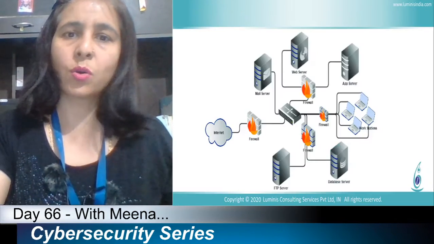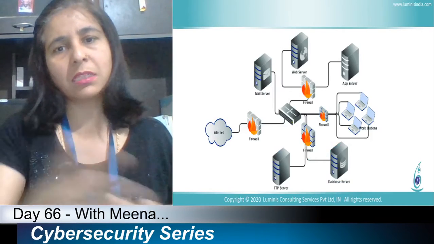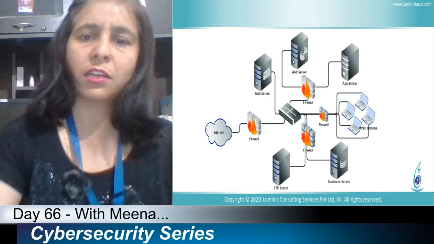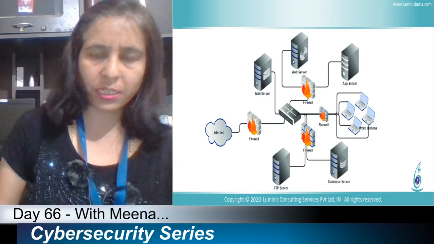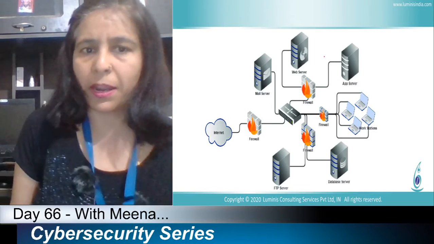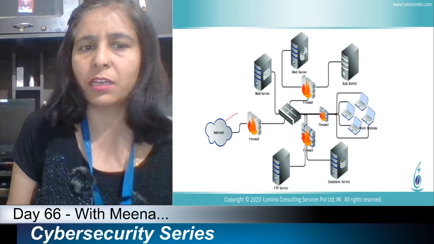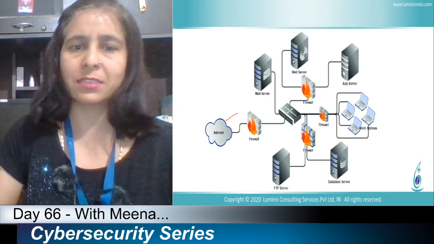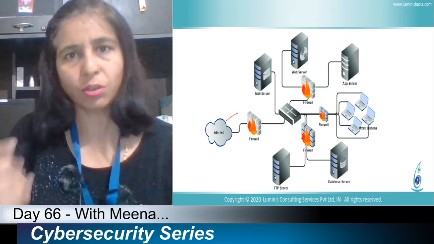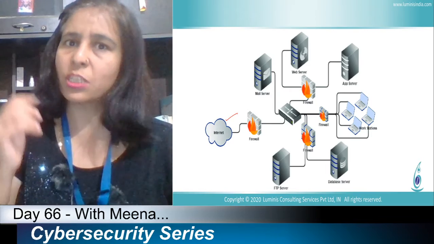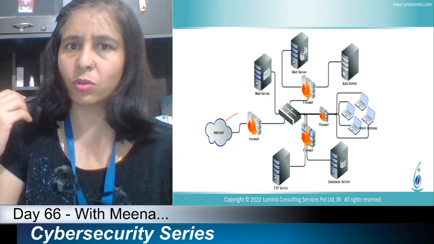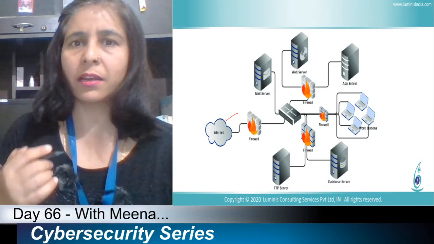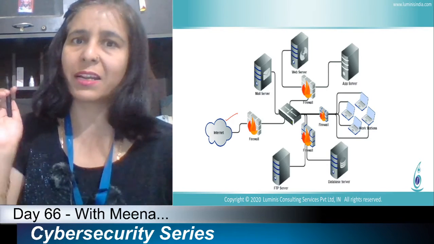For example, this is the network of a company, with different security features and settings applied on it, and it is connected to the internet. There is a firewall, and the security people, who are the blue team, provide the security settings and systems for the organization, and the red team will perform the attack.